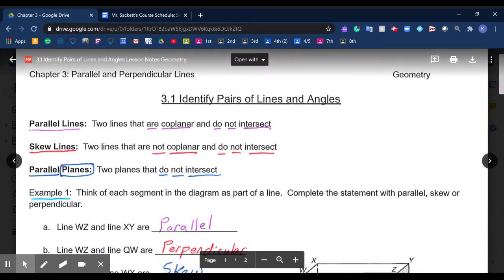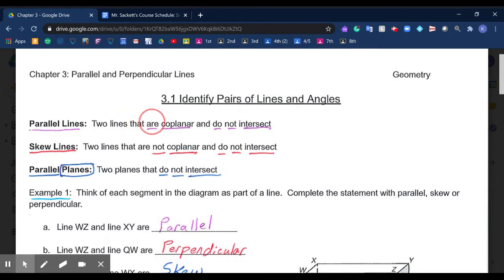The first definition we're looking at is that of parallel lines. Parallel lines are two lines that are coplanar, so on the same plane, and do not intersect. So they will never intersect and they exist on the same plane.